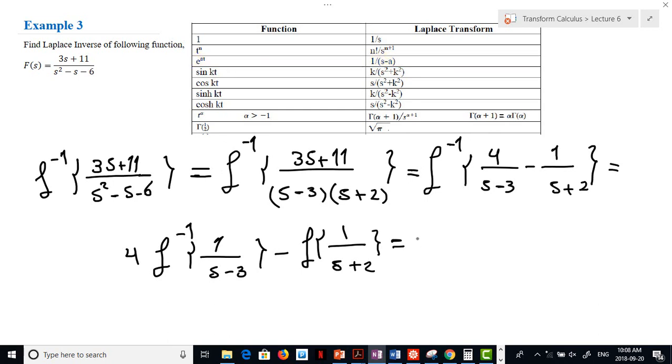And we have 4 times e to the power of 3t, and minus 1 over s plus 2. Again, we are in this category if I consider a equal to minus 2. So the Laplace transform here is 1 over s plus 2, because minus times minus is plus. So it means that the Laplace inverse is equal to e to the power of minus 2t. So we could find the Laplace inverse of this function.